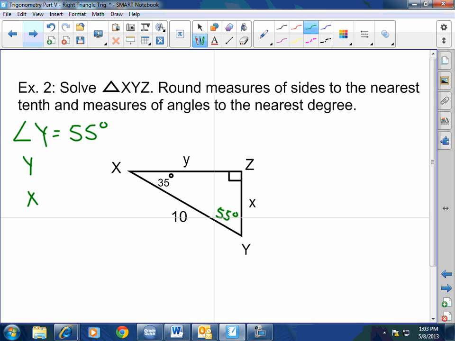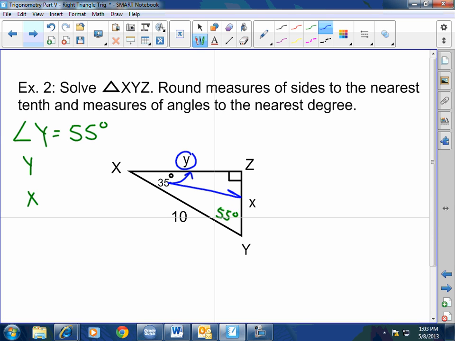Perfect. Now, I have everything I need to use whatever trig functions I want. Let's solve for y first. Okay? Now, here's the question. Do you want to use the angle from 35 or 55? Because I don't care. Okay, 35. If we're going to use 35, what is side y in reference to 35? It's adjacent. It is not opposite.